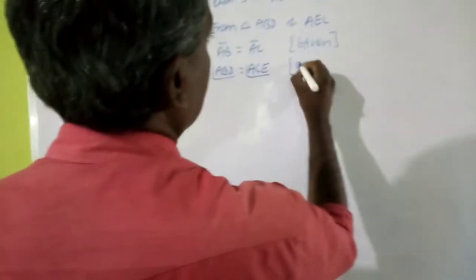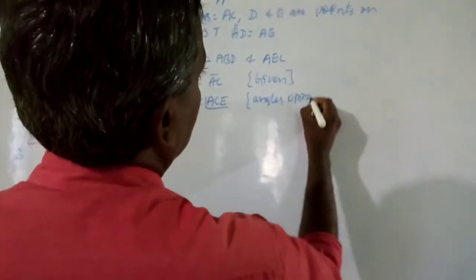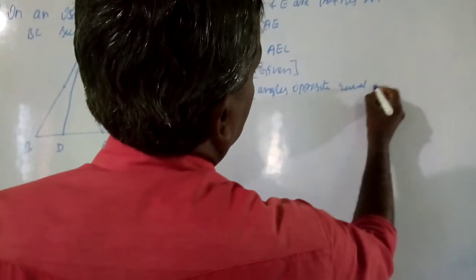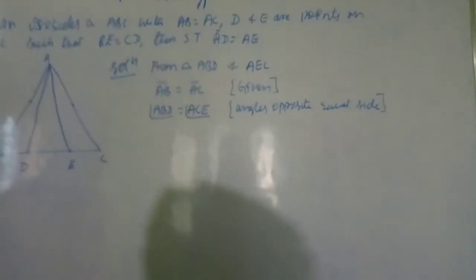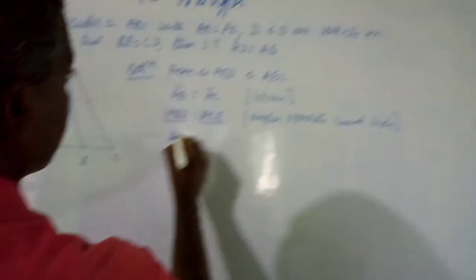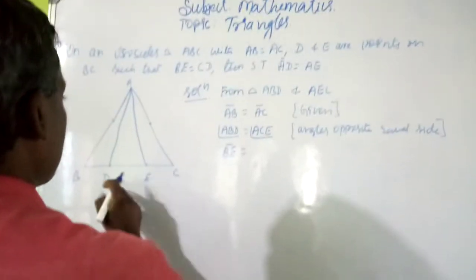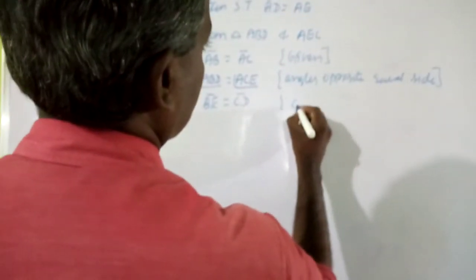Angles opposite to equal sides, correct? Yes. So next, BE is equal to CD. That is already given in the data. Okay, given.